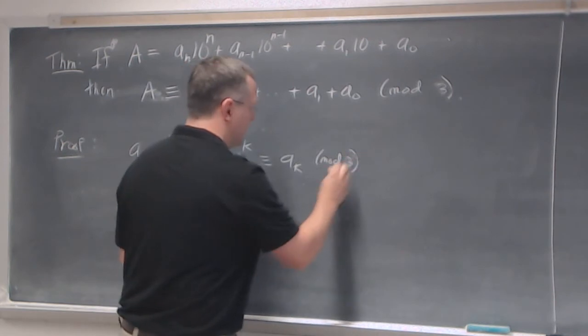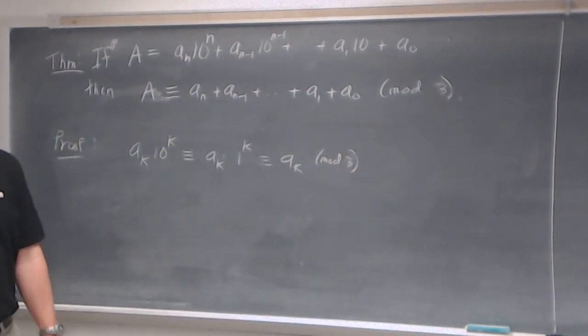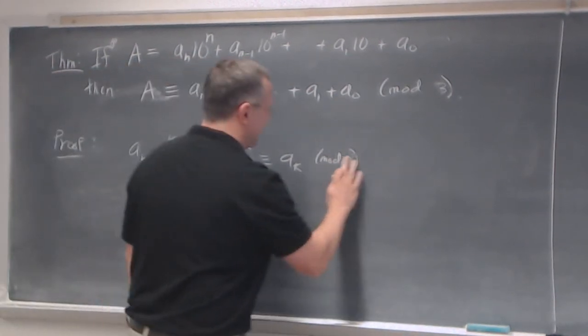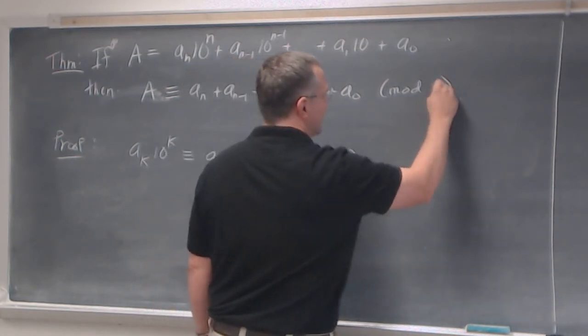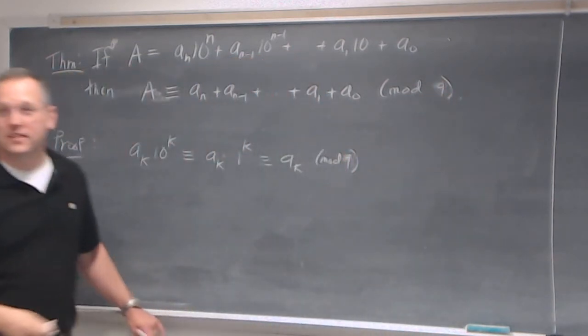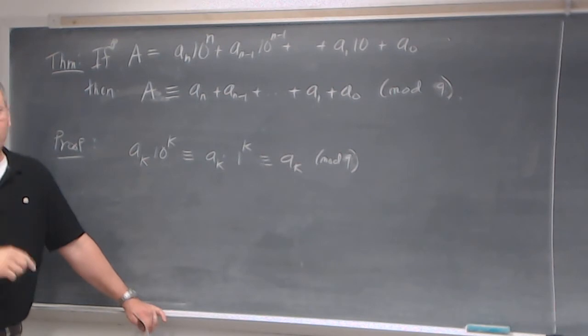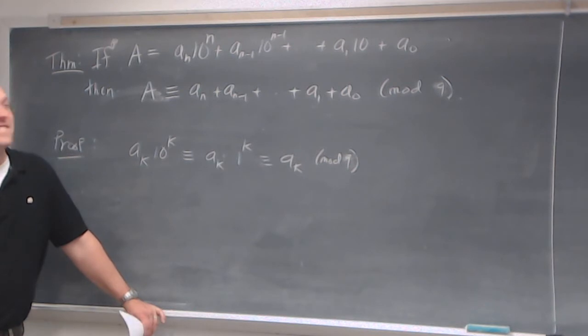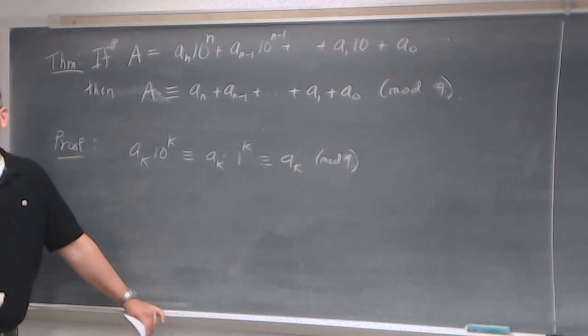Here's the proof. Sorry. It doesn't need to be a homework problem now. So you see why though? Yeah, because 10 is 1 mod 3. I guess you wouldn't know that. Never mind. Not from a million years ago.